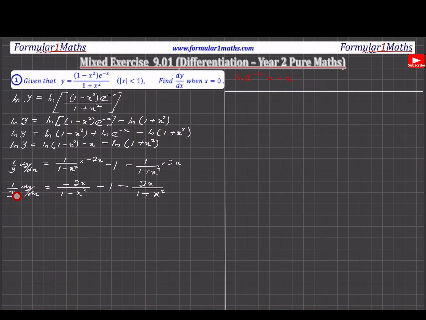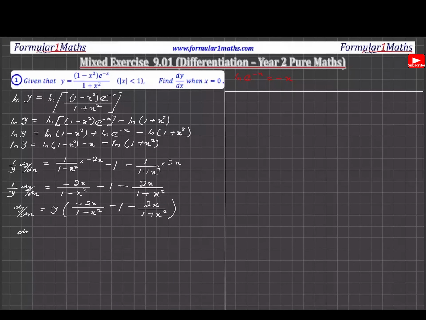So I'll take y over to that side to multiply the whole of this term, and I'm going to get dy/dx equals y brackets minus 2x over 1 minus x squared, minus 1, minus 2x over 1 plus x squared. But we know that y is equal to all that.